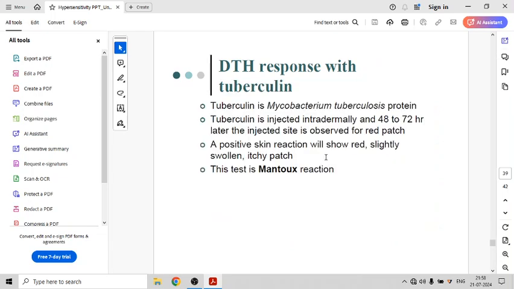The other observation that is shown is against Mycobacterium tuberculosis, which is a test called the Mantoux reaction. Please note the spelling. It is M-A-N-T-O-U-X, Mantoux, which is named after the French scientist who found the sensitization reaction.